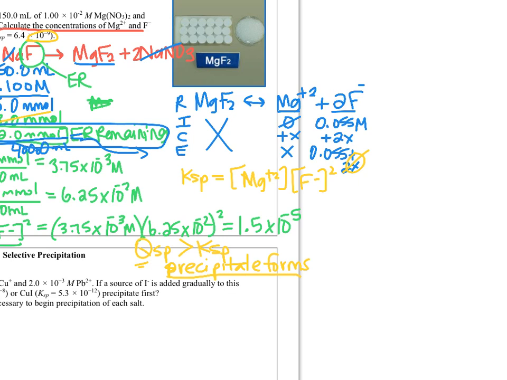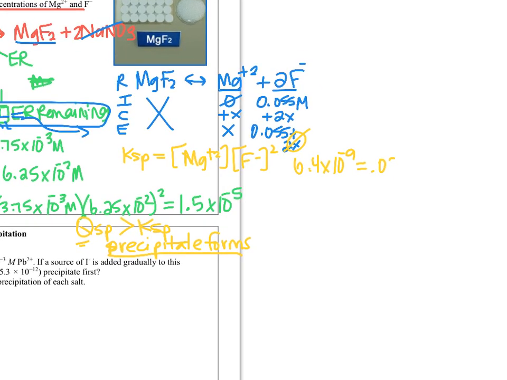My KSP is 6.4 times 10 to the negative 9. It was given in the problem. And that's going to equal 0.05, no, leave that alone. What am I doing? All right, let's try this again. Let's erase that. No, I won't erase it, we're just going to write over it.